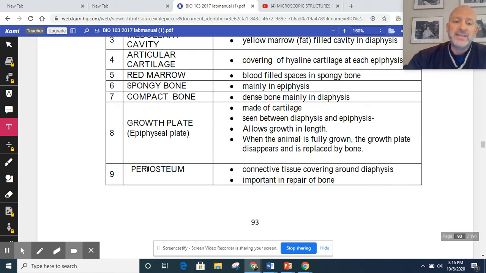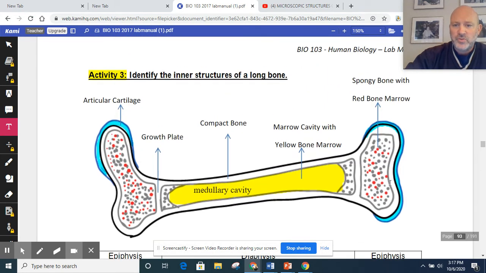The periosteum. Periosteum. Well, peri means outside, right? Like if you were to measure the perimeter of your yard, you'd measure the outside distance. Peri means outside, and anything osteo means bone. So when we see periosteum, that word means outside of the bone. Outside of the bone, there's a very thin tissue covering the bone. It's called the periosteum.